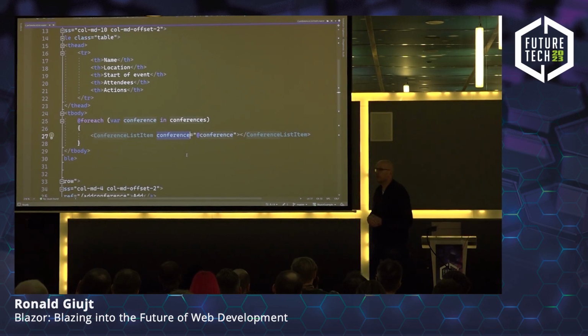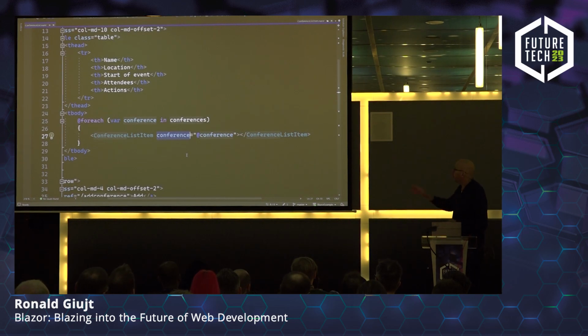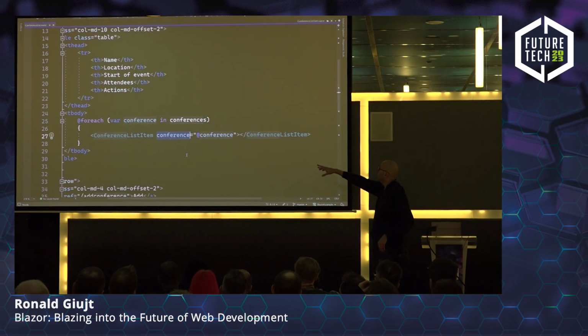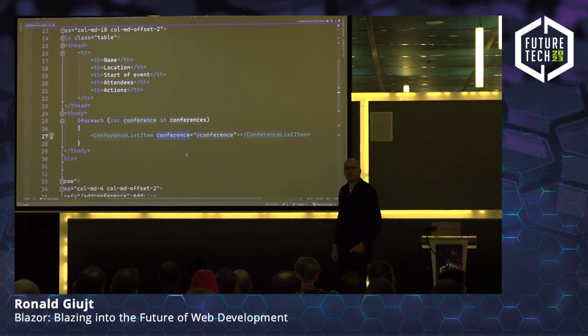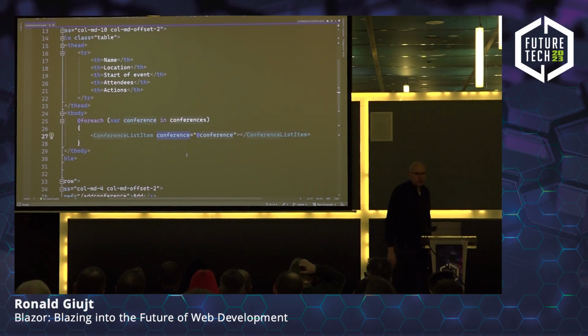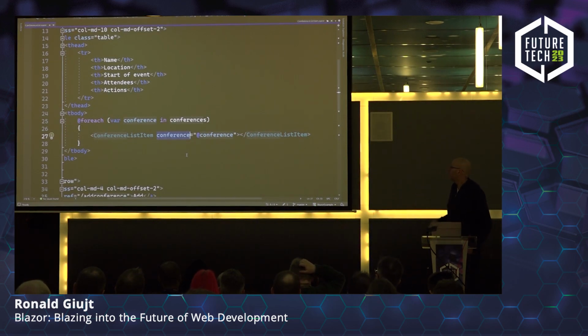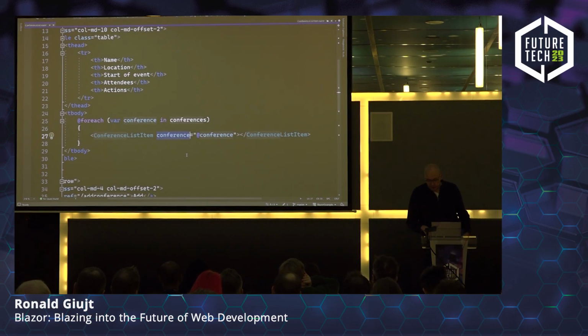It understands it. And I can just assign it a conference. So what is conference here? Conference is the thing I have in the for each loop, right? That conference, we're passing that in. So this conference list item gets its own conference object and renders it by itself.